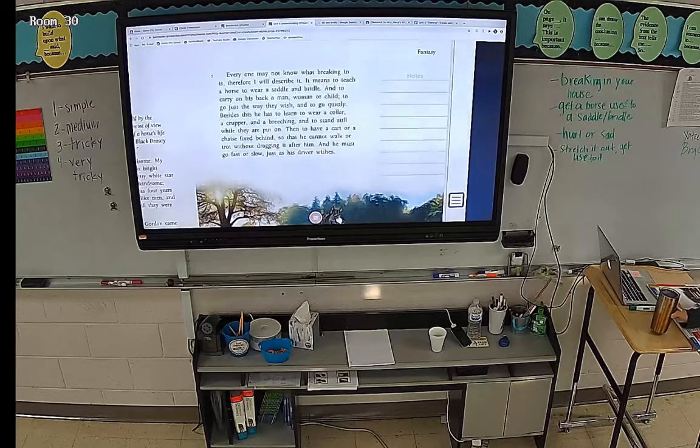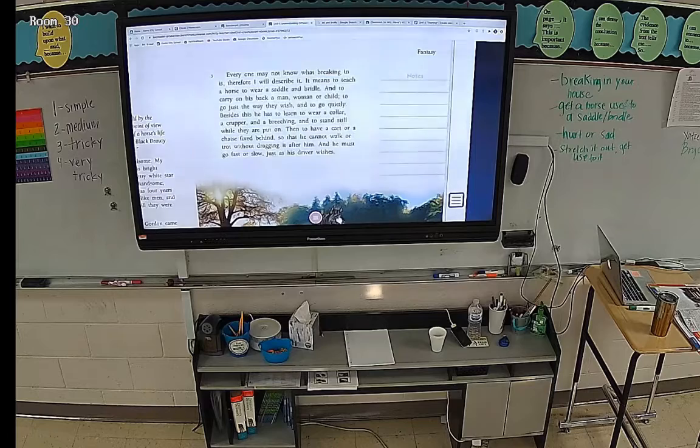Then to have a cart or a chaise fixed behind, so that he cannot walk forward without dragging it after him. And he must go fast or slow, just as his driver wishes.